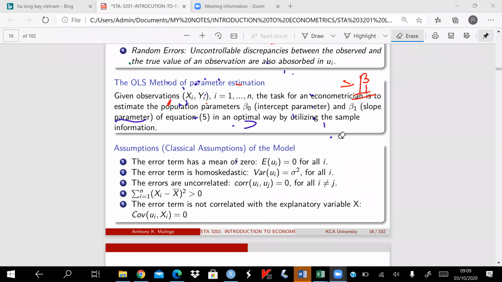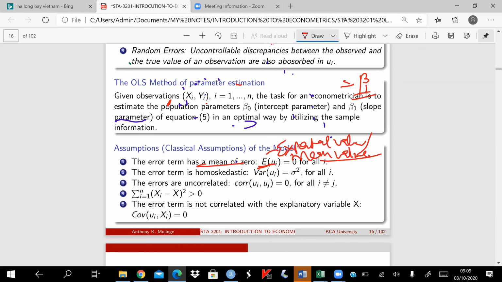So the expected value of the error term, remember the error term is u, is the same as the mean value. The mean of the error term is equal to 0.